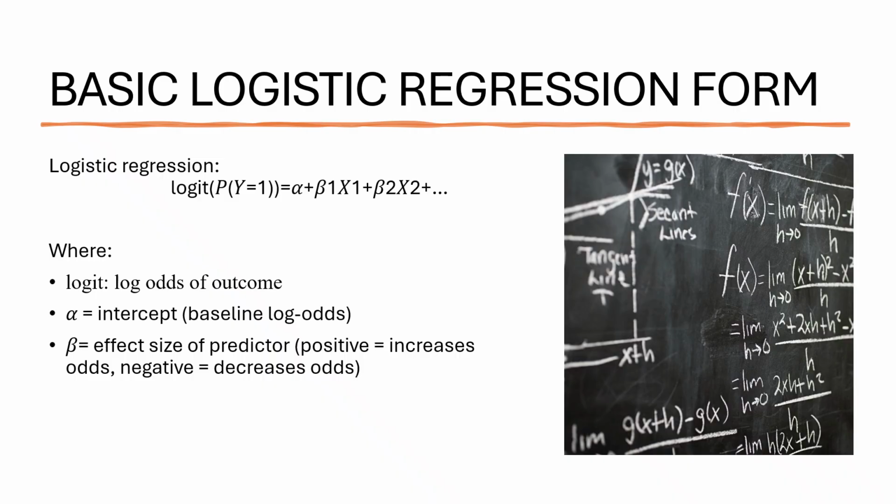The intercept alpha is the baseline starting point when predictors are 0, and each beta coefficient represents how much the log odds change for each 1 unit change in its predictor, holding others constant. If a beta is positive, the predictor increases the odds. If it's negative, it decreases them. Now that we know the equation format, let's look at the network we are applying it to.